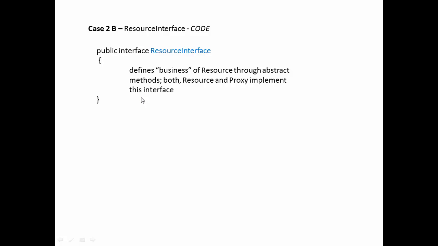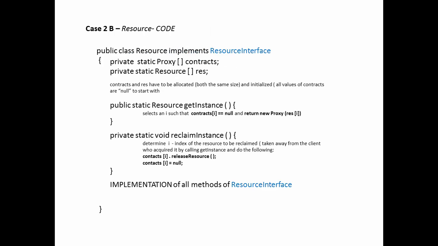And all these methods, as an interface, would be abstract. Now, here we go to the class resource. Class resource implements ResourceInterface, and right here at the bottom, we simply say that we will have implementation of all these methods. If this was a stack, then here we will have implementation of push and pop, etc.